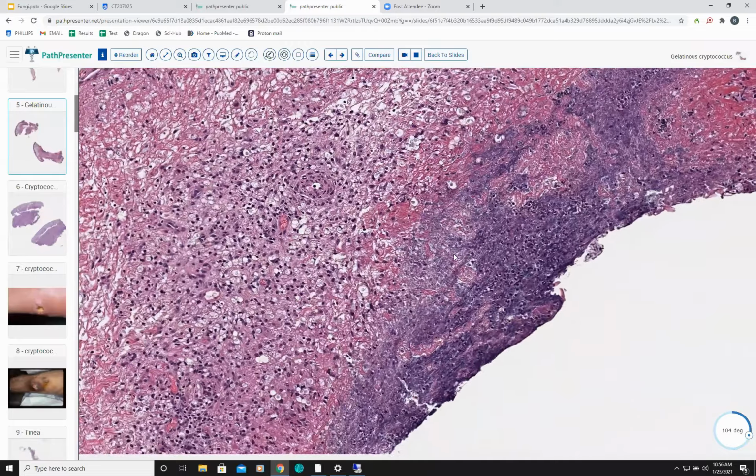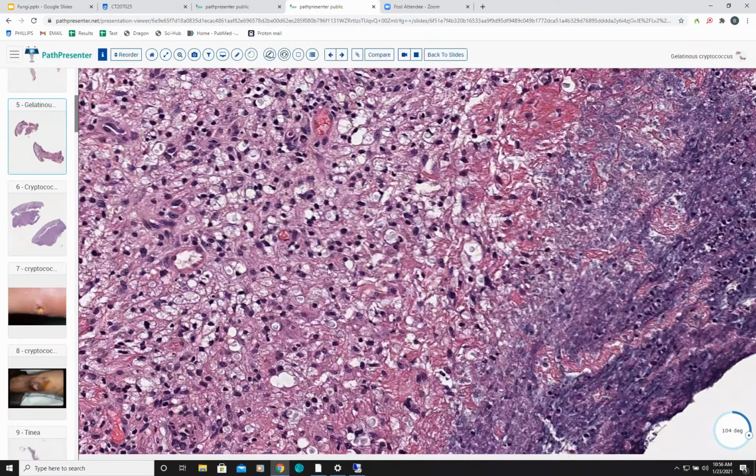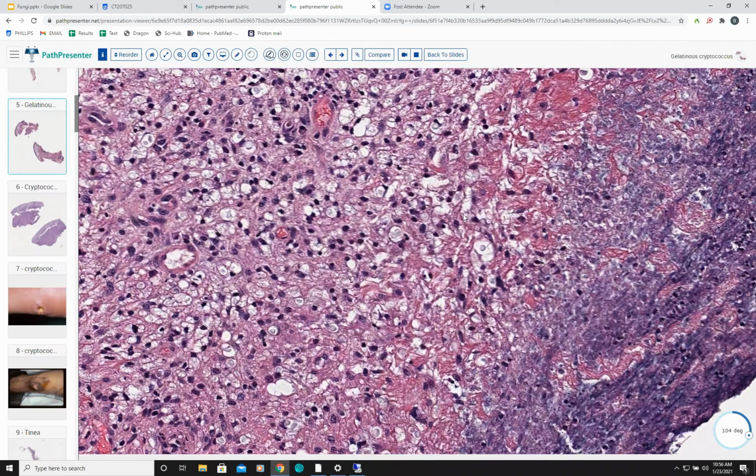Areas of necrosis in the dermis, and many, many organisms. You can see them all around here.